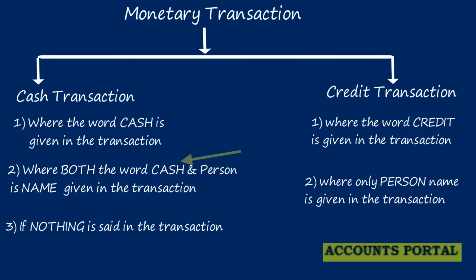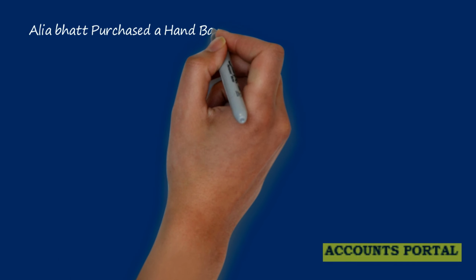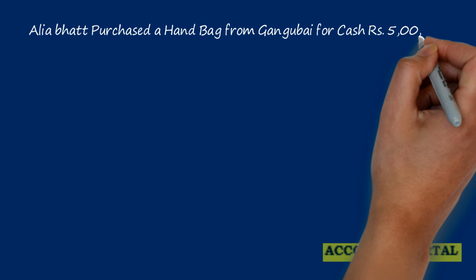So we will learn the second possibility, where both the word cash and person name are given in the transaction. It will be considered as a cash transaction. We will learn through an example. Alia Bhatt purchased a handbag from Gangubai for cash rupees 5 lakhs.